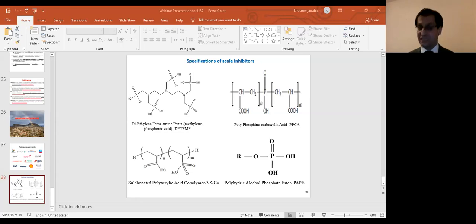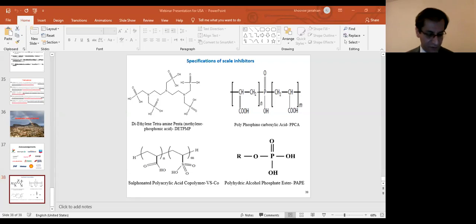Both are green scale inhibitors. But the main challenge for green scale inhibitors is how to analyze them and how they can retain on the surface of rock. For instance, in the VS-CO case, we couldn't use ICP. We had to use the spectrophotometer method. And you know, this is not as accurate as ICP.